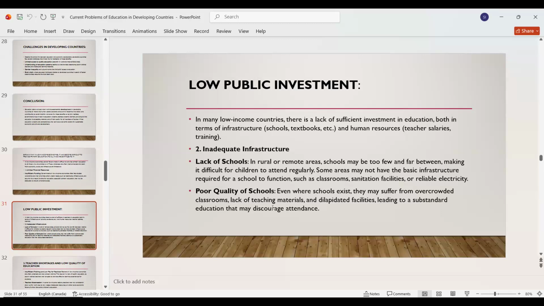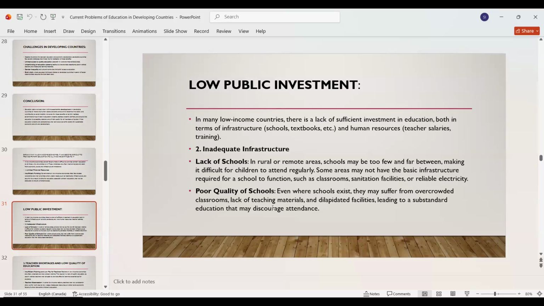Poor quality of schools, even where schools exist, they may suffer from overcrowded classrooms, lack of teaching materials, and dilapidated facilities, leading to substandard education that may discourage attendance.